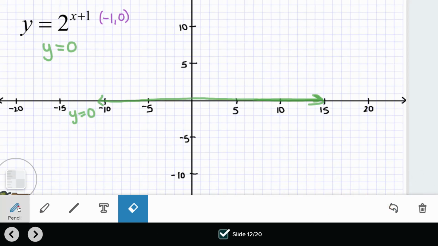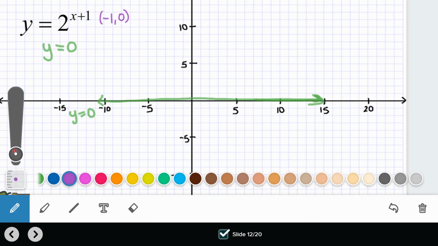Okay, so I'm going to be starting at -1, and I'm going to do 2 to the 0, which is 1. And if I go over 1, 2 to the first is 2. 2 squared is 4. But again, I think about this first one's going to be 1 high. Then I'm doubling 2 high. Then I'm doubling 4. Then the next one's going to be 8. The next one's going to be 16, and so forth. And then I'm going to connect this. And there is my exponential graph.